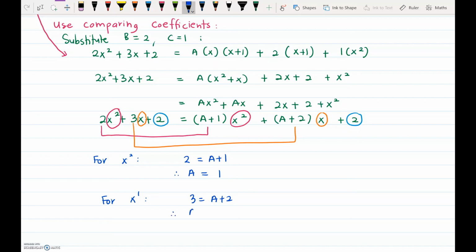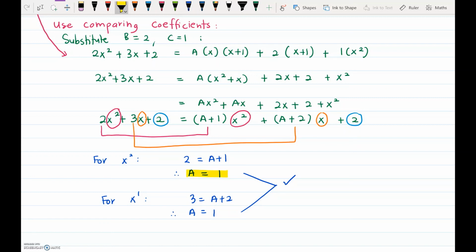That means your a is 1. So look here, for both x squared and x power 1, you will get the same a. That means your a is equal to 1.